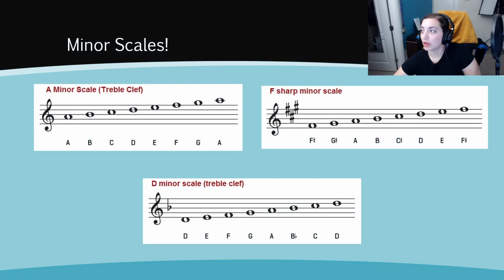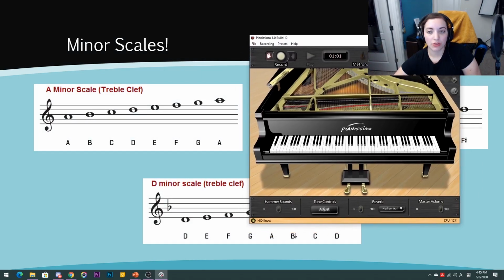Right now, I will bring this over here and have you watch my playing. So we have the A minor scale first. Okay. Then I have to move this over.